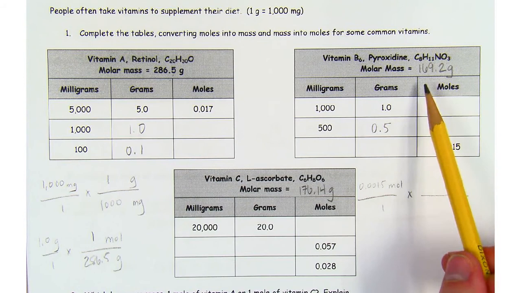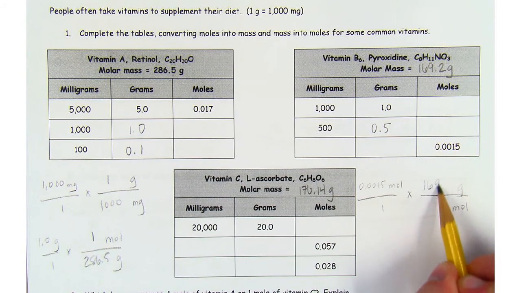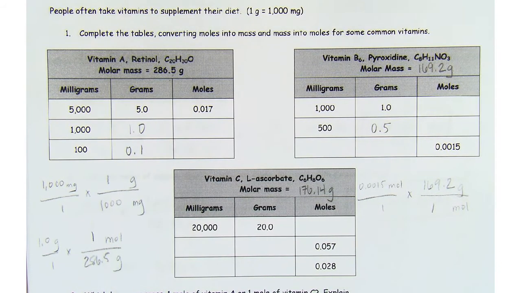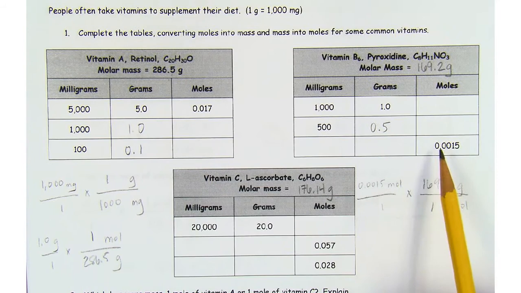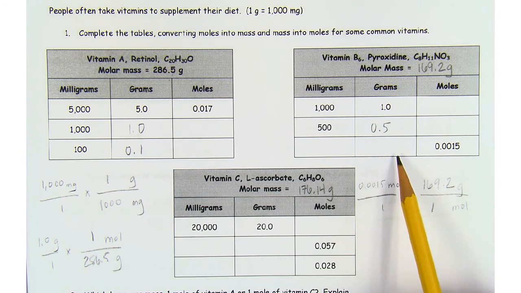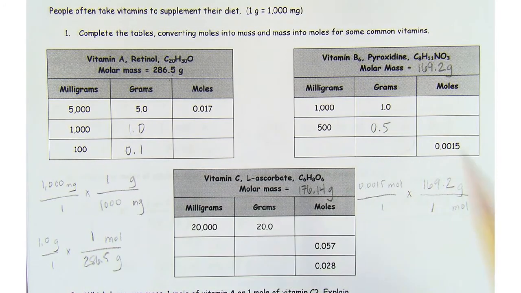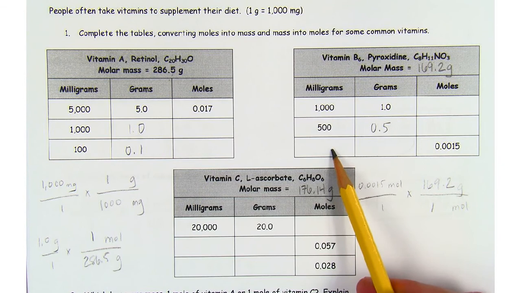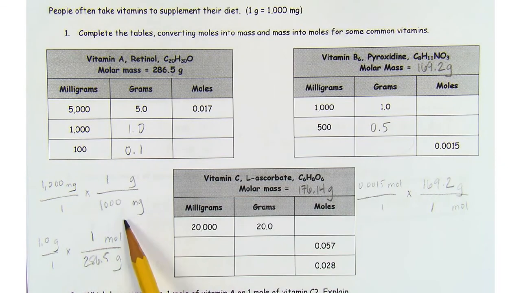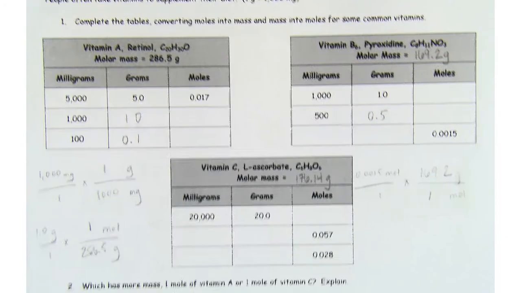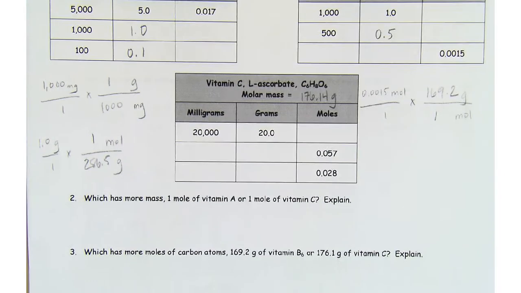So if I look up here, it's 169.2 grams in 1 mole. You do that, you should get the answer that goes in this box. Then think, how can I take grams to milligrams? It's like this, but it's a little different. Watch those units.